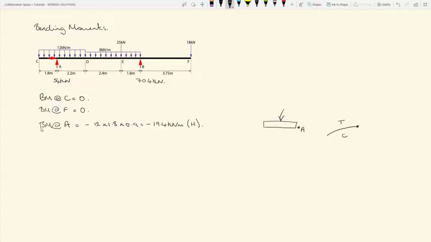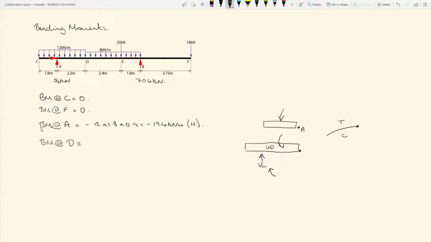And then if we move along, we go to point D. So the bending moment at D equals, and again, if we consider our loads individually, there we have point D, we have our UD load, and we're also going to have VA. So that's VA, that's the UD load. The UD load is acting anti-clockwise, VA is acting clockwise.